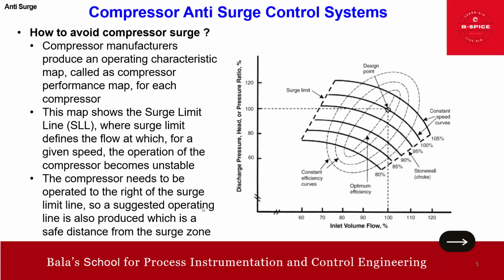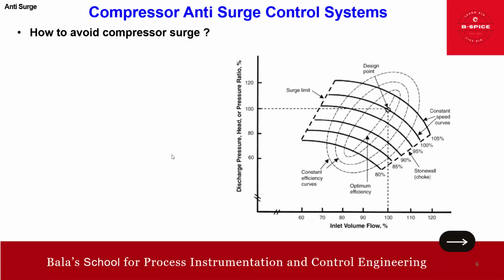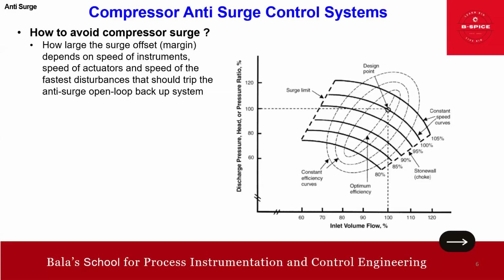So a suggested operating line is also produced, which is a safe distance from the surge zone. These are the safe distance. Now how large the surge offset and the margin depends on the speed of the instrument, the speed of the actuator, meaning the response of the instrument, the response of the actuator, and the response to fast disturbances that should trip the anti-surge open loop backup system.